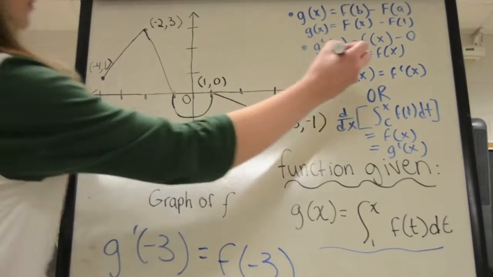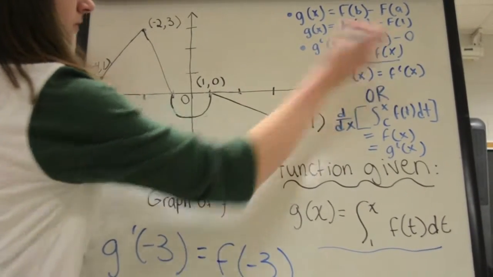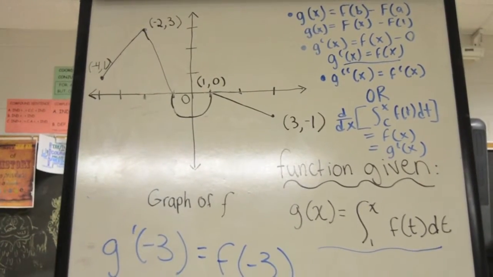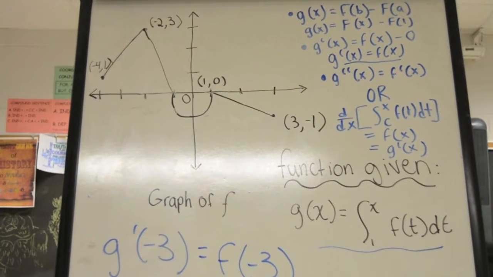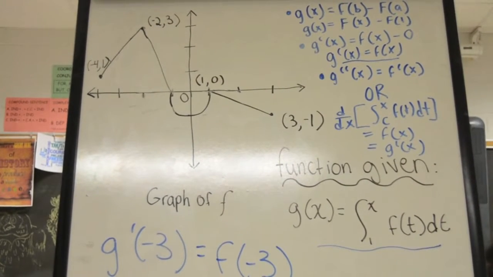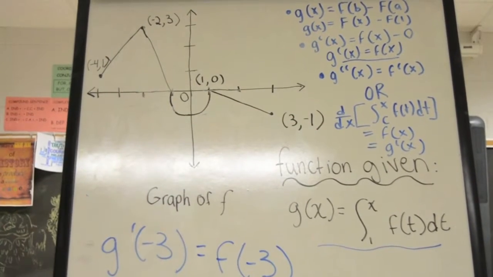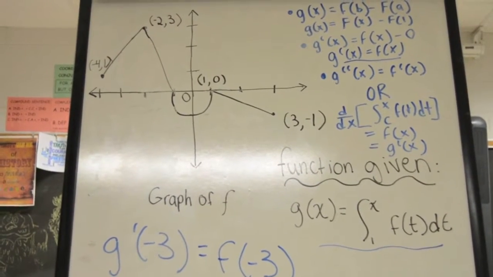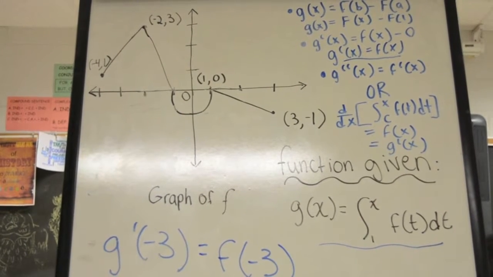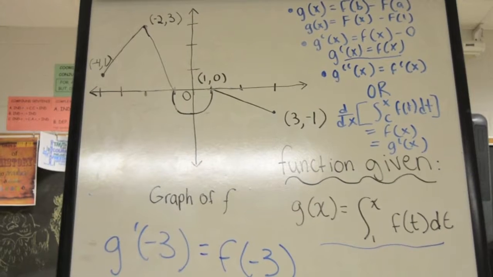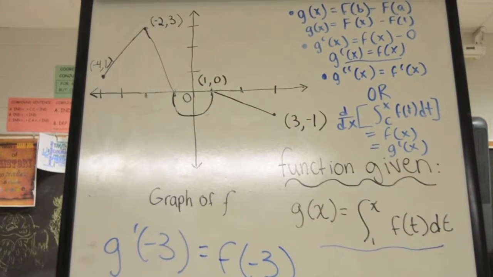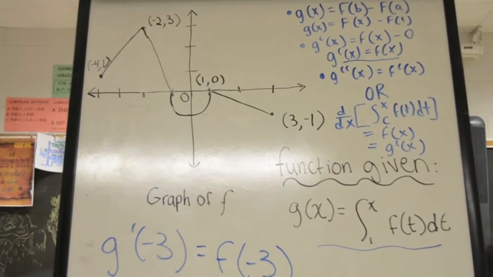Take the derivative to find the value of g prime of x, which is F of x minus 0, or g prime of x is equal to f of x. Now we have the relationship between g prime and f to solve for g prime of negative 3. Another way to recall this is that the derivative of the integral of f of t from c to x is equal to f of x.